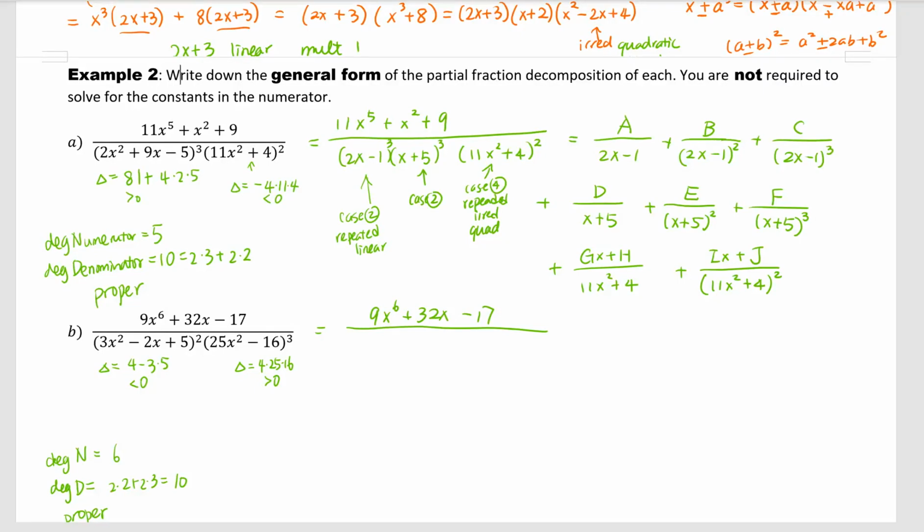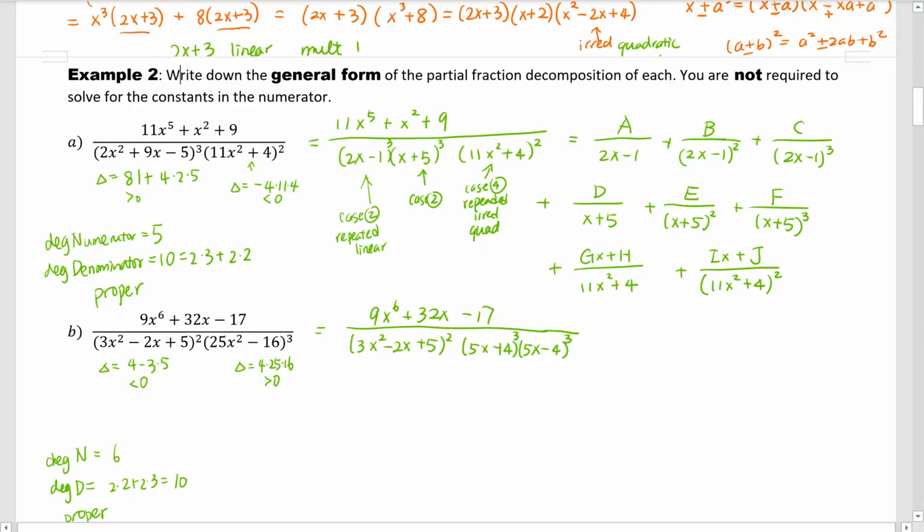The first factor is an irreducible quadratic. Just keep it here. And the second factor, you can see, we can actually factor it. This is like a squared minus b squared. So it's 5x plus 4 and 5x minus 4, and each of them cubed.